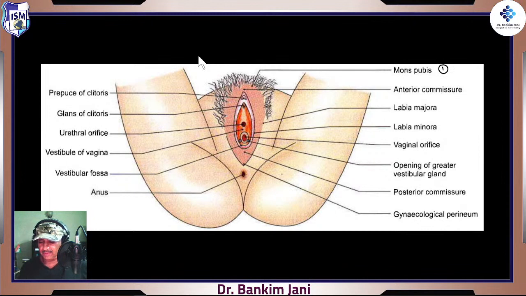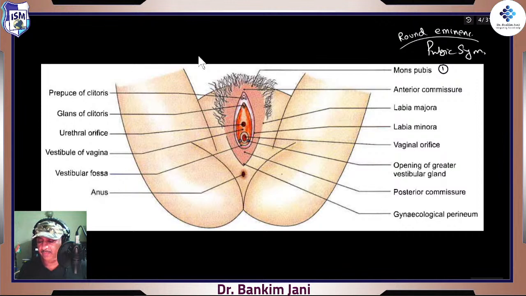So this is the mons pubis, the area which is like a rounded eminence just in front of the pubic symphysis. So there is the pubic symphysis, and on top of it, this round prominence.